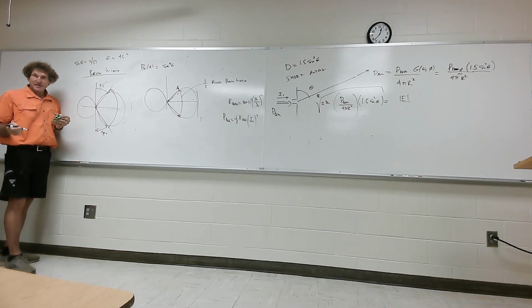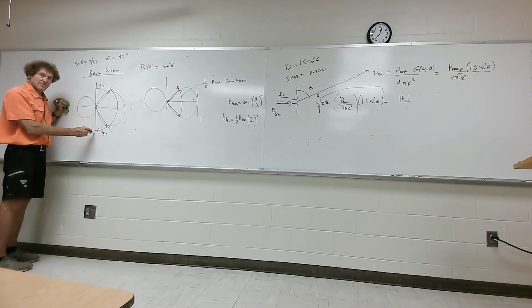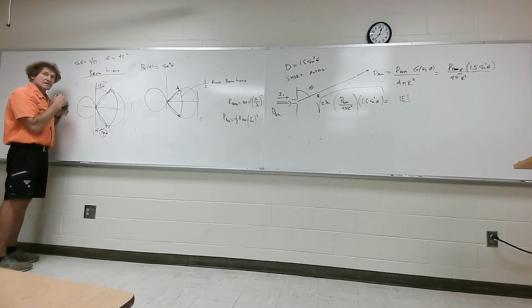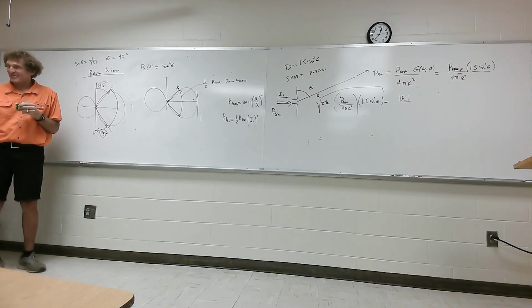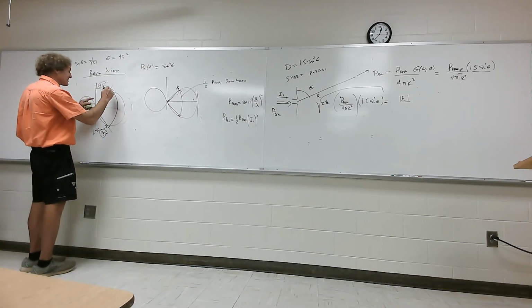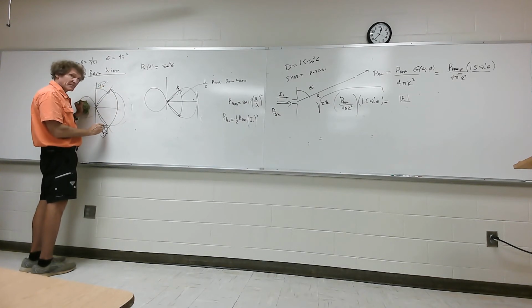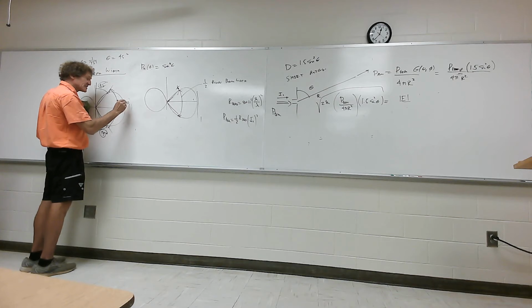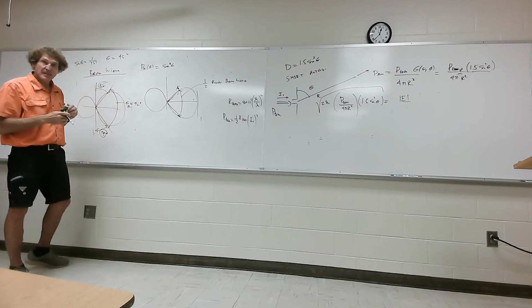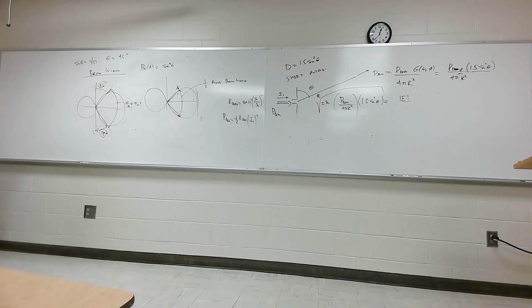You agree it's 180 from here to here, and this is 90, right? So really what I would have is 45, and this would be 135, or this would be 90. So this is actually a beam width of 90 degrees. Do you all see that? I'm just saying that to see if you're thinking. You were.